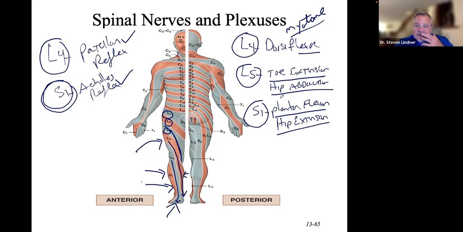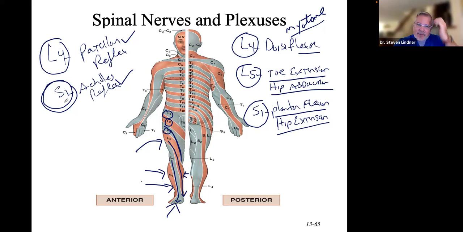So this is where muscle testing comes into play. You would simply test these actions on the individual. Now, L5 doesn't have a reflex, just L4 and S1 have reflexes. So these are called neurological packages.